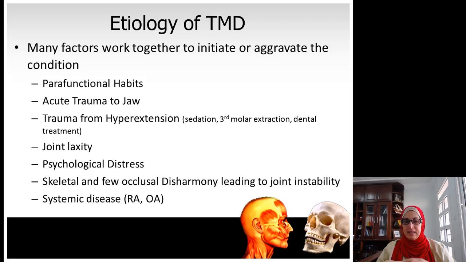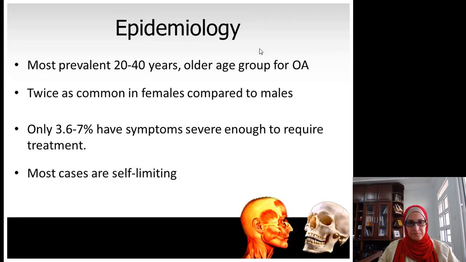So these are the etiologic factors of temporomandibular disorders, or here I'm saying TMD, but I'm referring to the joint problem. It is a very prevalent condition. Usually I see teenagers, and the older age group usually suffers from osteoarthritic changes or rheumatoid arthritis.